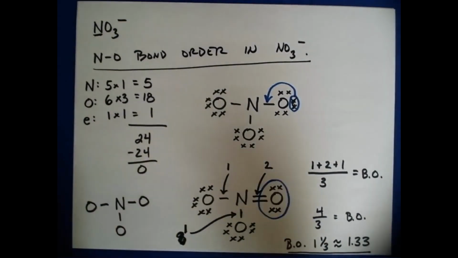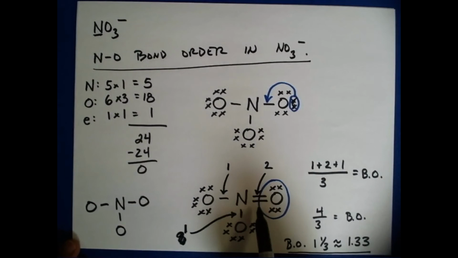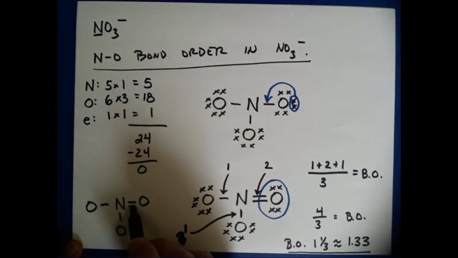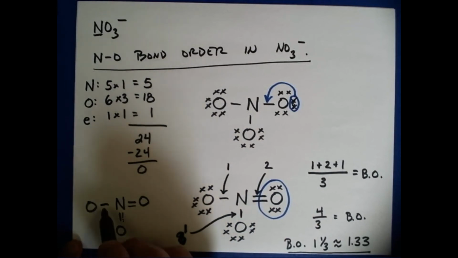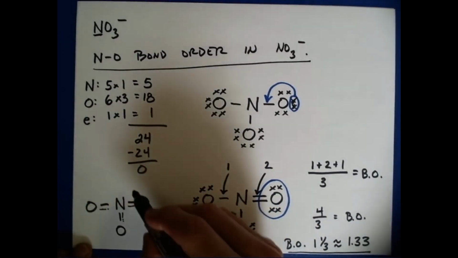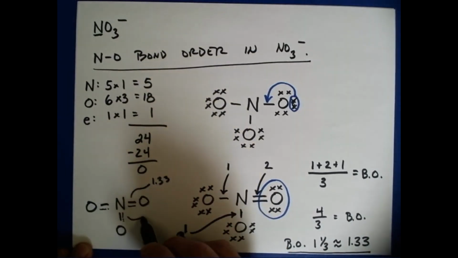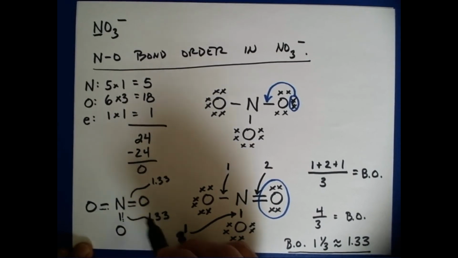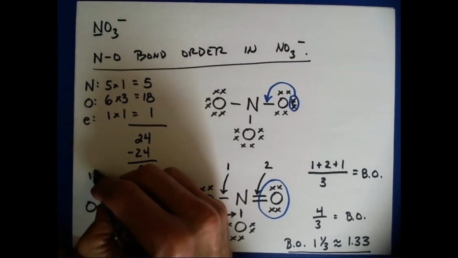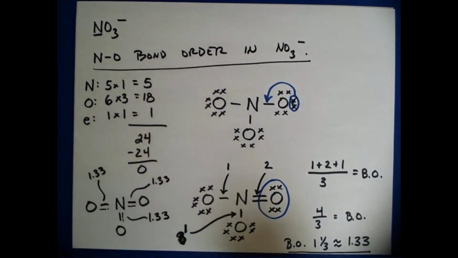And so we're going to start envisioning the case, if we see something with a bond order of 1.33, it's going to be as if this double bond here is actually sort of spread out. I'm going to draw dotted lines here over all 3. And in this case, if all of these bonds have a bond order of 1.33, then we're back to the case where we can't tell the difference between the 3 oxygen atoms that exist in nitrate.